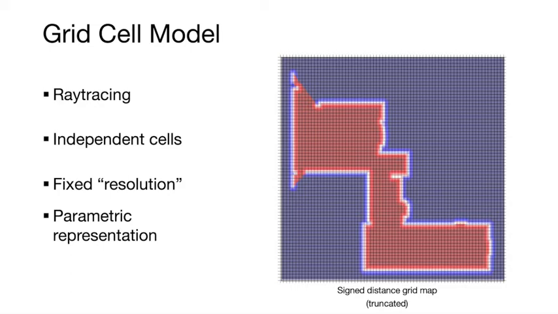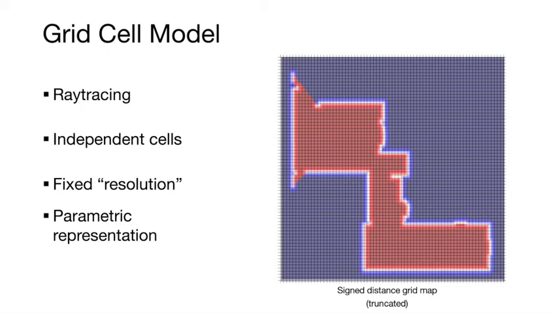This also means that the cells are usually treated independently, and we cannot infer the value of a neighboring cell from the surrounding cells. This usually gives poor generalization performance, and we cannot update cells which are not exactly on the path of the sensor measurement that we've observed.